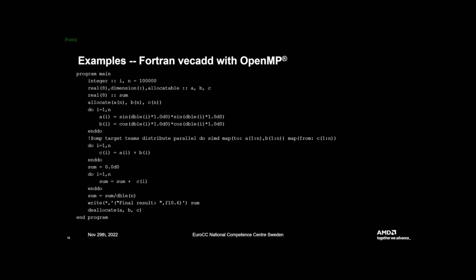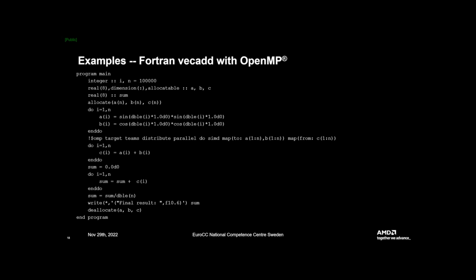The map directive tells us that we are going to copy over to the GPU the A and B arrays, and we're going to copy back the C array. And so just by that one command, you now are running on the GPU.